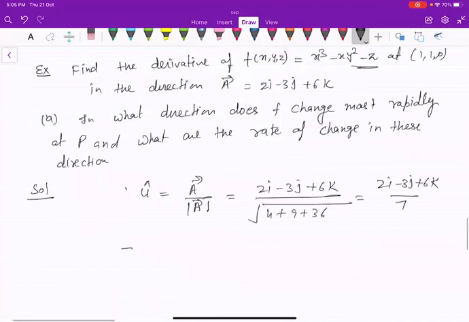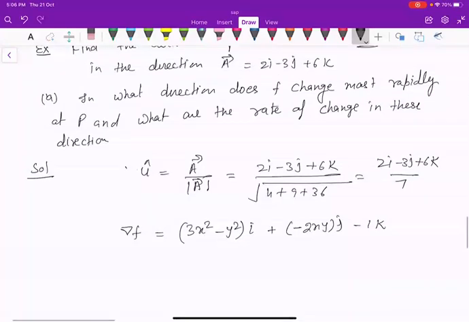Okay, so let us compute del f. That is (3x square minus y square) i plus minus 2xy j minus 1k.